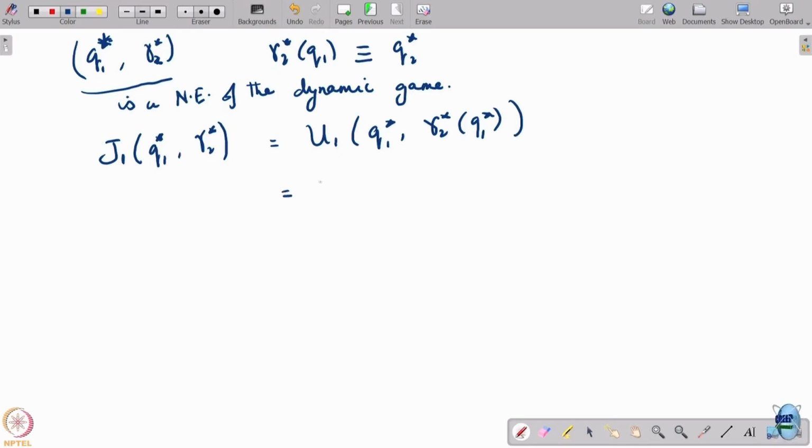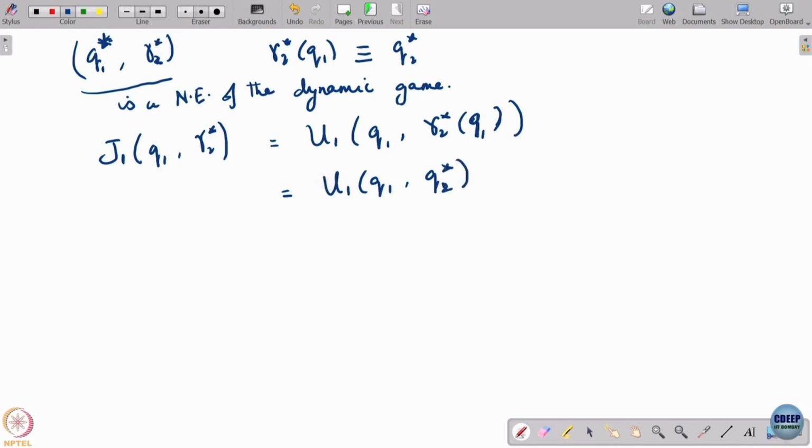So, this is equal to u1 of q1 star comma q2 star. All right. Now, let us suppose player 1 played some q1. What is gamma 2 star of q1? It is still q2 star, because gamma 2 star is a constant function, right. So, irrespective of the value of q1, it is still going to produce the value q2 star.